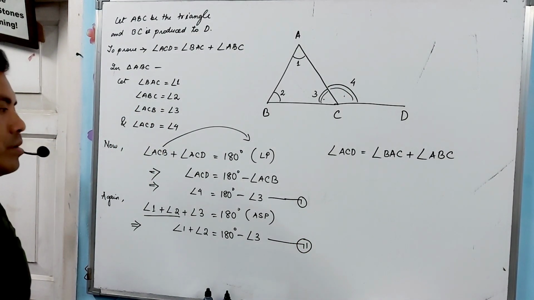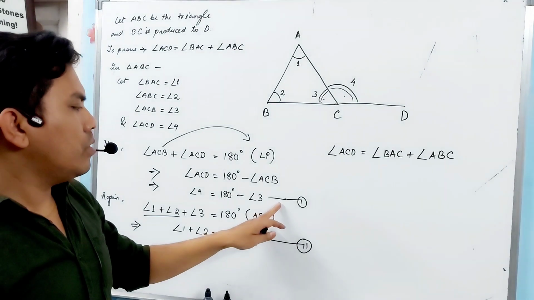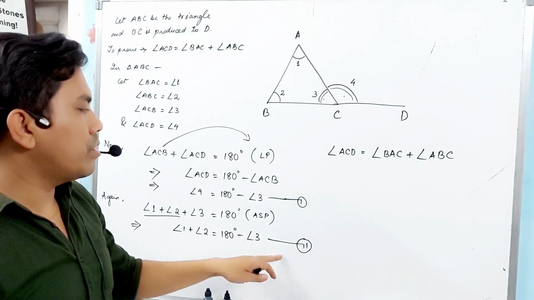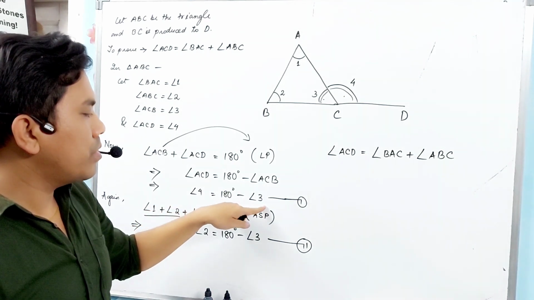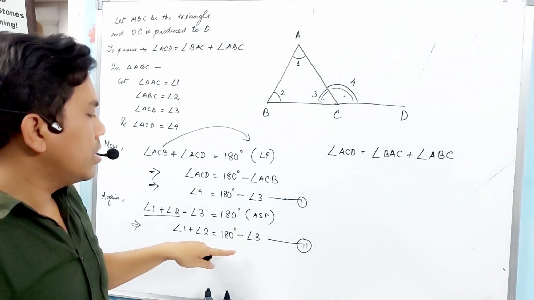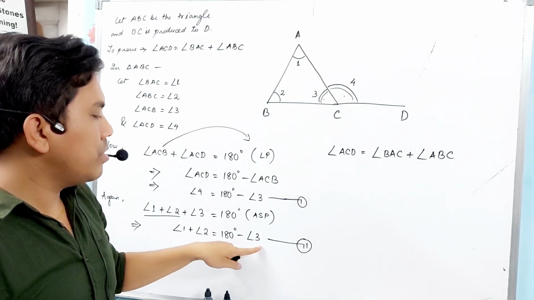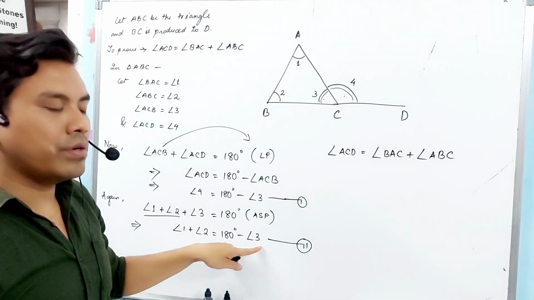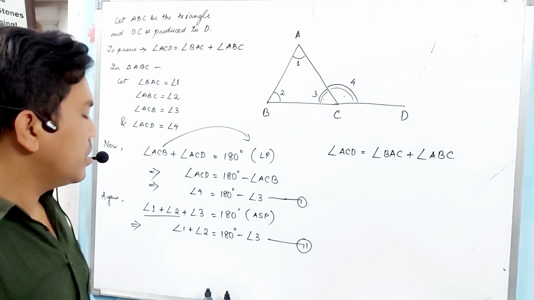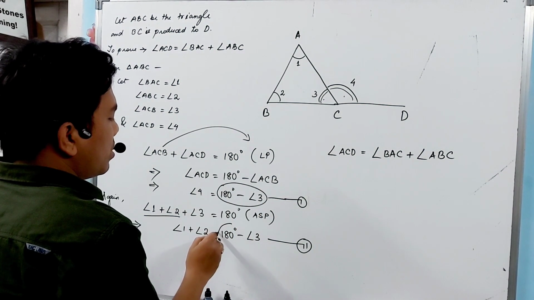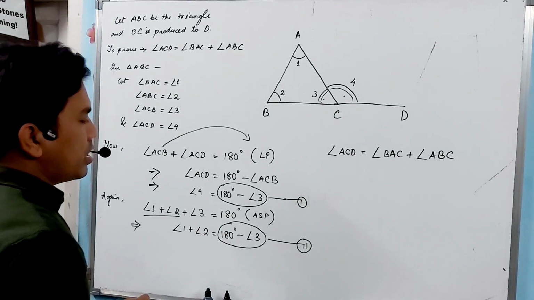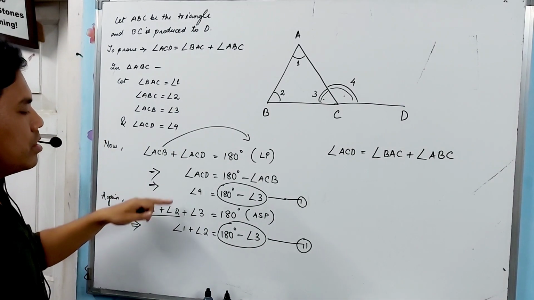Now you go through the two equations that we got. In the right hand side of equation 1 we have 180 degree minus angle 3. In the right hand side of equation 2 also we have 180 degree minus angle 3, isn't it? So since the right hand sides of both the equations are same, we can say that the left hand sides also are equal.